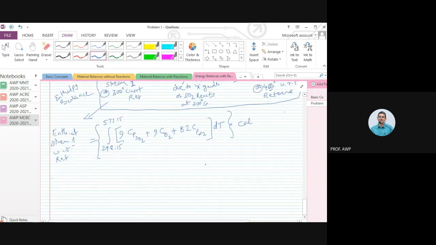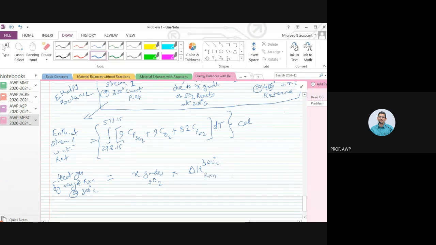What is the heat generated by way of reaction at 300 degrees centigrade? It is X gram moles of SO2 multiplied by the heat of reaction at 300 degrees centigrade.